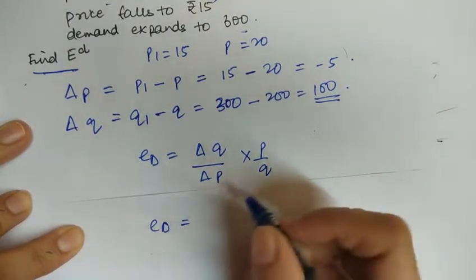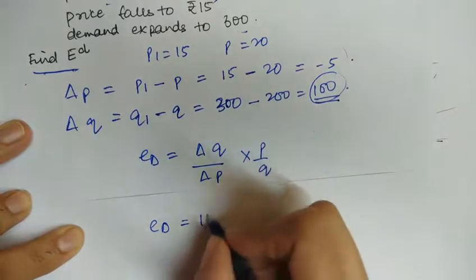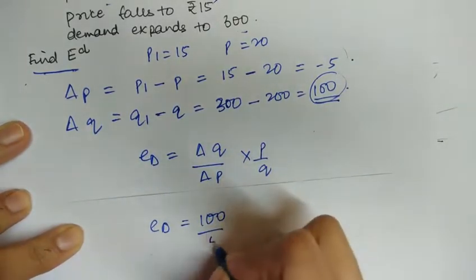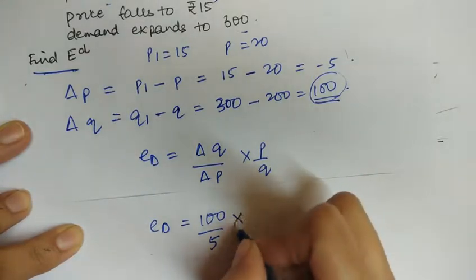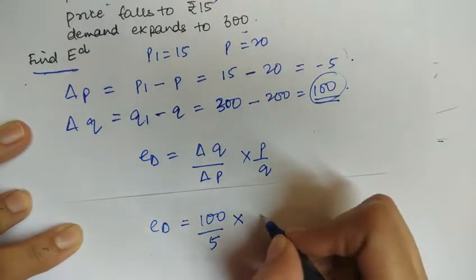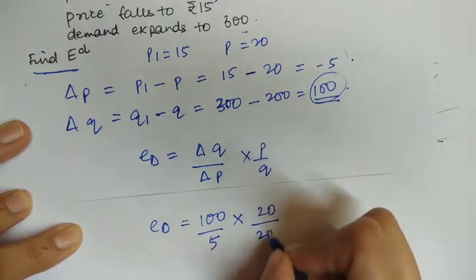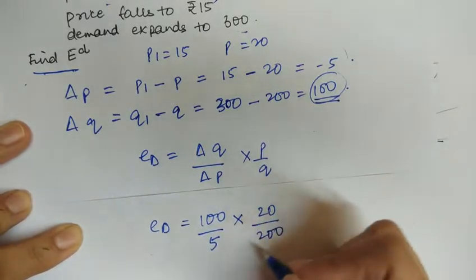We know that change in Q is 100, so we write here 100. Change in P is 5. We are ignoring the negative sign that I've already told you. Original price is 20. Original quantity is 200.